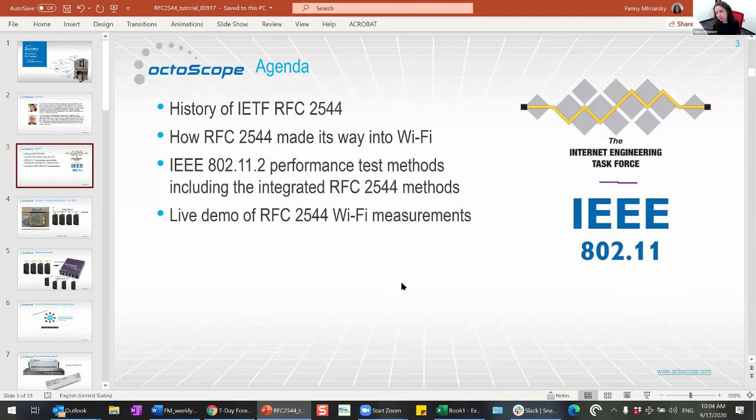And so we incorporated, actually, RFC 2544, and it's part of that specification for Wi-Fi performance testing. And then Steve has some deep dive into some of the tests that RFC 2544 specifies, and some demos using the Octobox. So starting with the history, we're going to dive in.